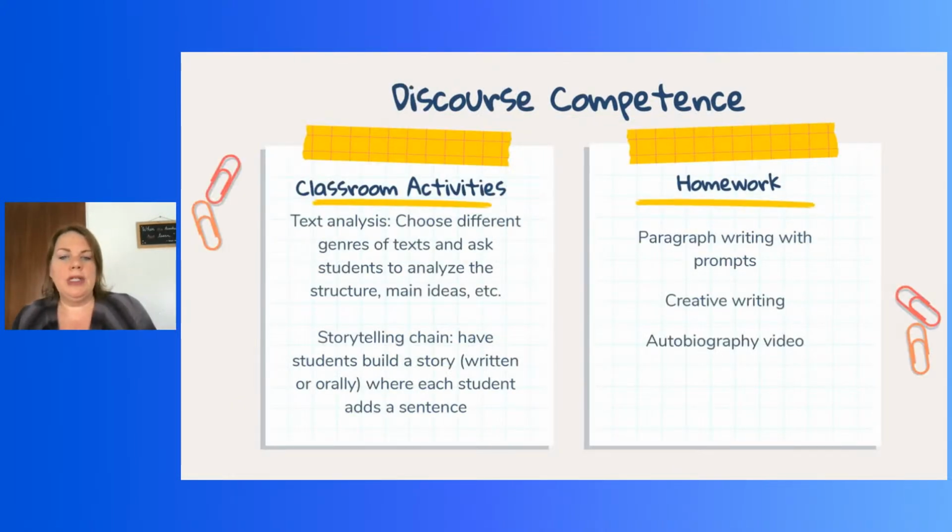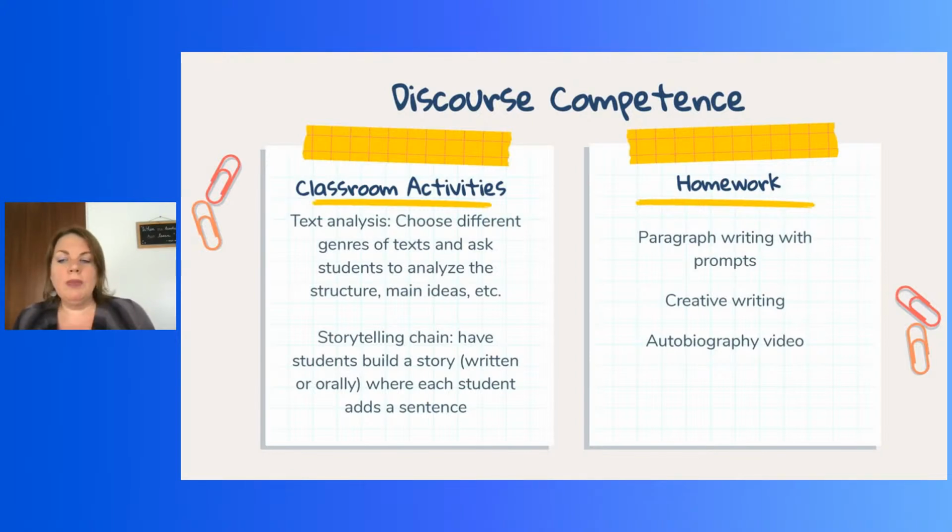Okay, discourse competence. In classroom activities, we can do a text analysis. So we choose different genres of texts and ask students to analyze the structure, the main ideas. How is this text written? What is the style that they reflect on it, right?